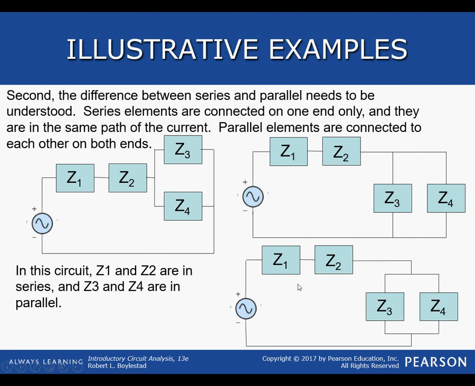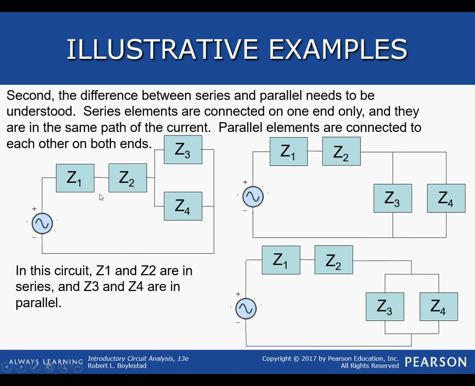Then the next step is that the difference between series and parallel needs to be understood. Series elements are connected at one end only, and they are in the same path of the current. So in this circuit, Z1 and Z2 are in series. You can see they're along the same path.